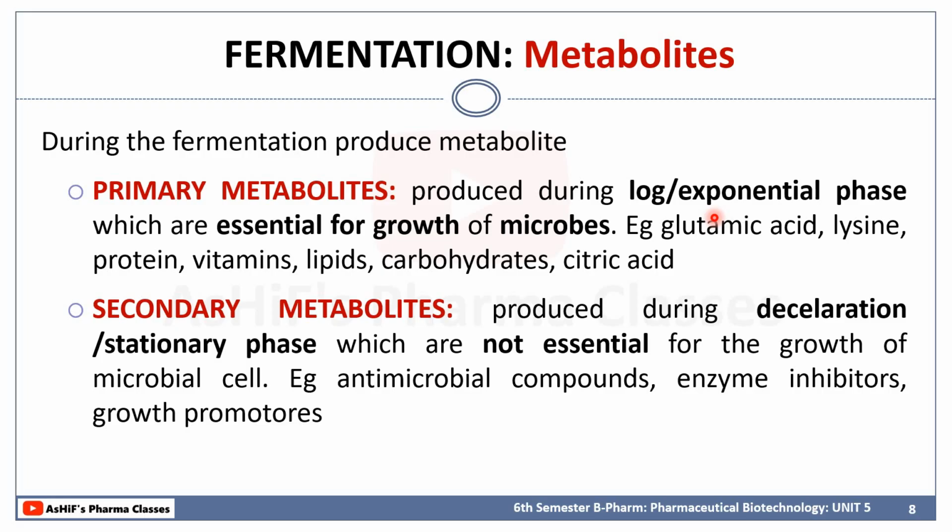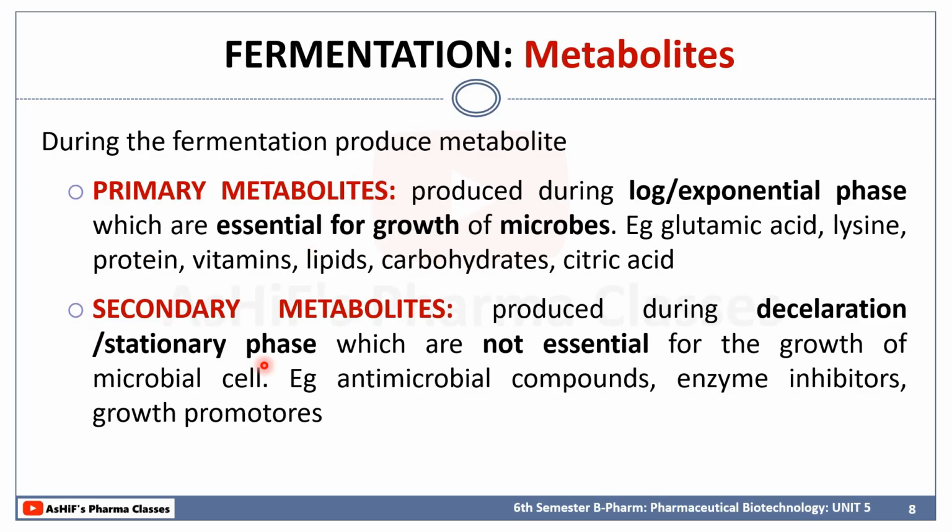The primary metabolites are usually produced during the lag as well as the exponential phase, and these metabolites are essential for the growth of the microorganism as such. Some examples are glutamic acid, lysine, protein, vitamins, lipids, carbohydrates, citric acid. These are some examples of primary metabolites.